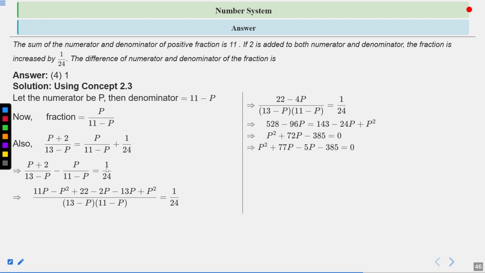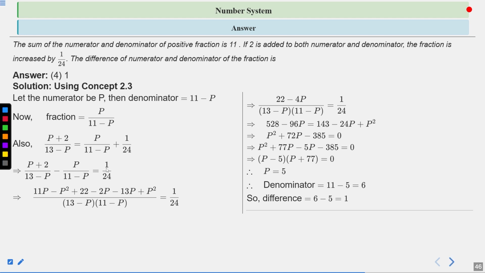Splitting the middle term, we get p square plus 77p minus 5p minus 385 equals 0. In the first two terms we take p common, and we get p minus 5 in one bracket multiplied by p plus 77 in another bracket equals 0. Now we get the value of p, which is 5. So the denominator becomes 11 minus 5, which is 6. From p plus 77, we would get a negative value of p, so we cannot choose it.